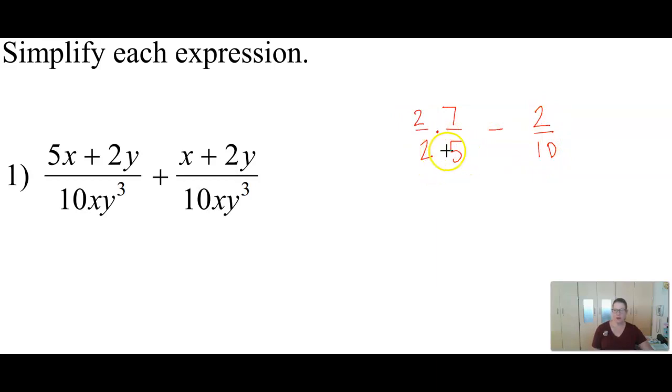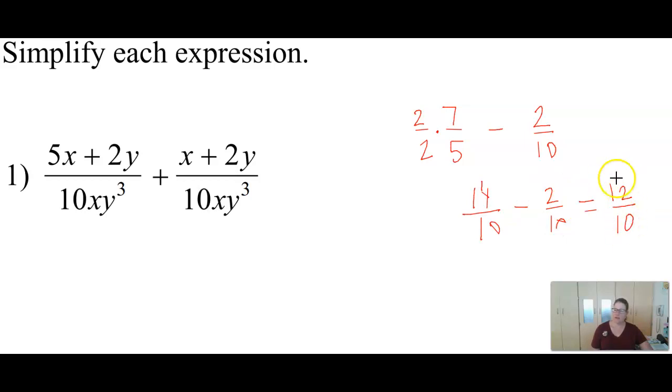So whatever the bottom needs to be multiplied by to make it match the other denominator, just multiply it by the top and the bottom. That way it will keep the fraction the same because you're just multiplying by 1, but it will give you that common denominator. So 2 times 7 is 14, and 2 times 5 is 10. So this would be the same as 14 over 10 minus 2 over 10, which equals 12 over 10.